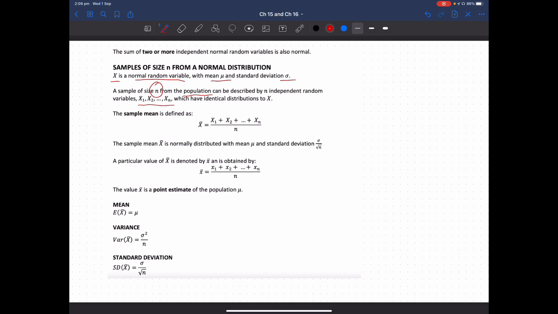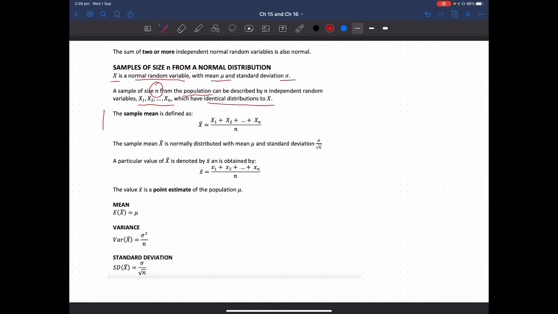If you think about that, x1 was the first sample, the first group of 20 students. X2 was the second group of students. X3 would be the third group, and so on, which have identical distributions to X.